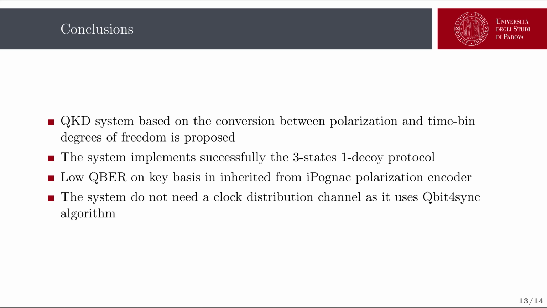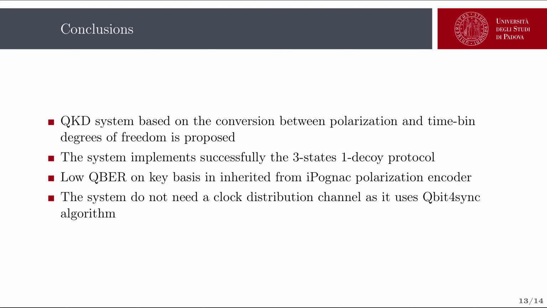The overall setup implements the 3-state 1-decoy QKD protocol that, while simple, guarantees us really good performances in terms of key rate. The conversion from polarization to time-bin made us able to exploit the stability and the good performances in terms of QBER of the IPONIAC polarization encoder.